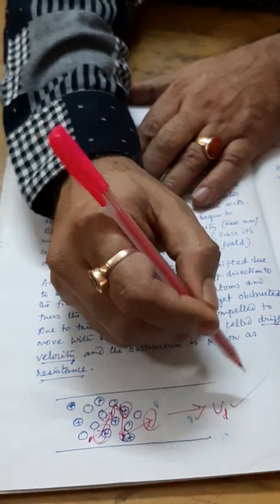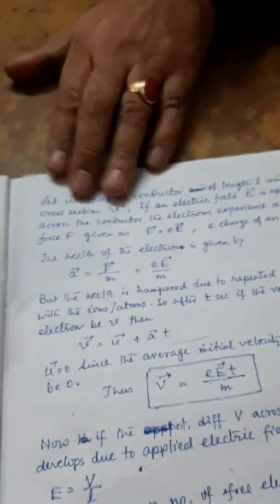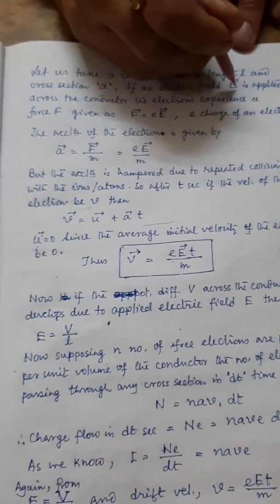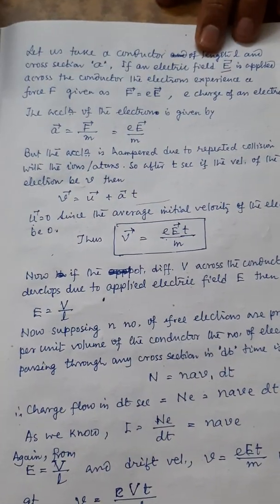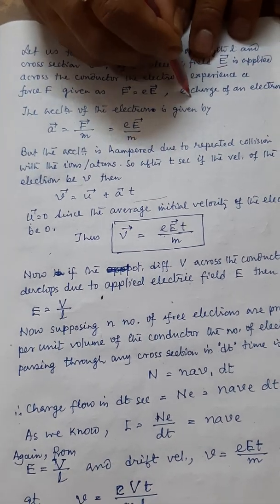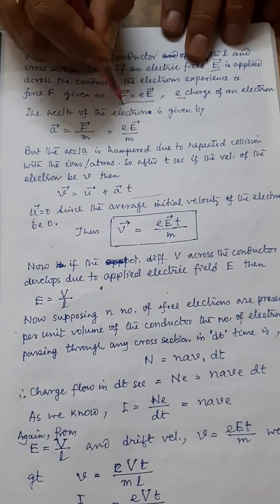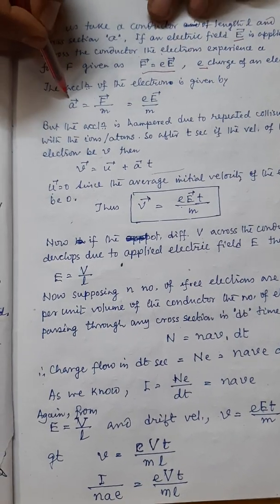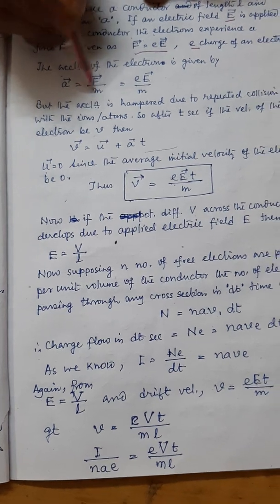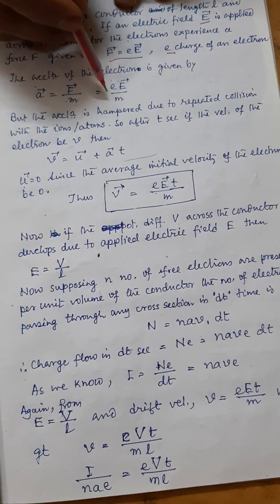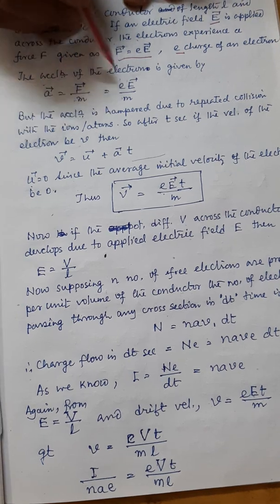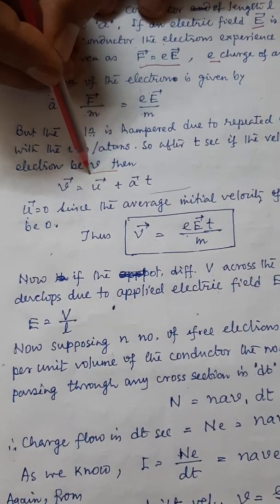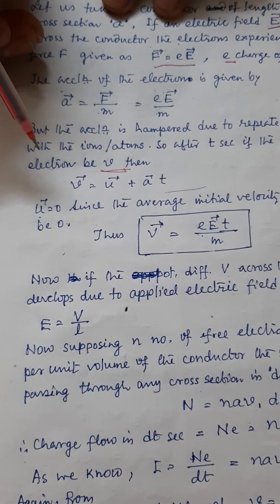Now let us calculate the drift velocity. Let an electric field E be applied between the ends of a conductor. The charge of an electron being e, the electron experiences a force F equal to eE. That force produces an acceleration a, which is F by m, simply eE by m. Under this acceleration, the electron assumes a speed v, which is referred to as the drift velocity.